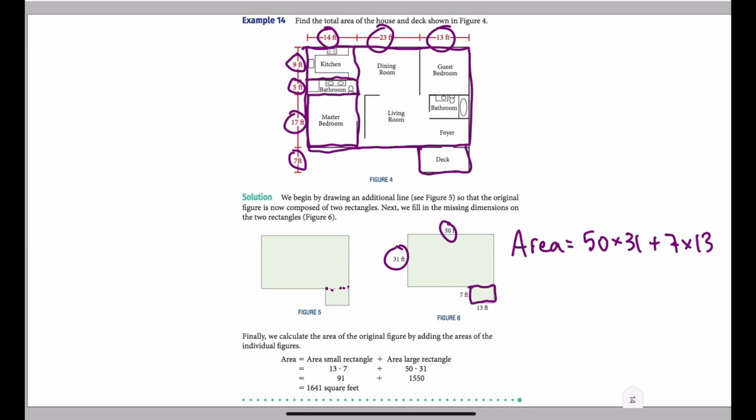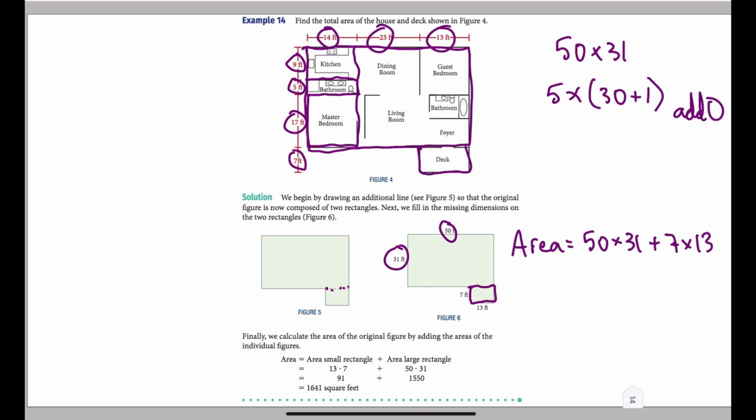So 50 times 31, I can think of that as actually 5 times 31 and then add a 0, right? So 5 times 31: 5 times 30 is 150, 5 times 3 is 15. The distributive property would have us thinking of it as 5 times 30 plus 1, and then we're going to add a 0 at the end because we know we're really multiplying by 50, not 5.